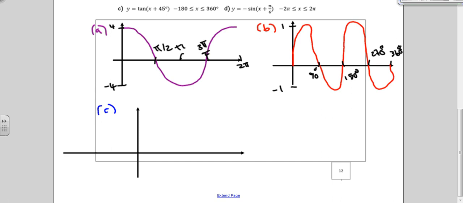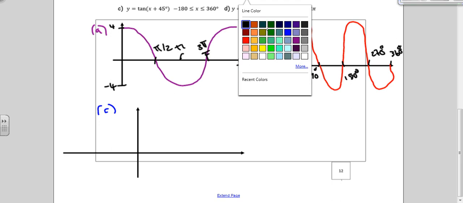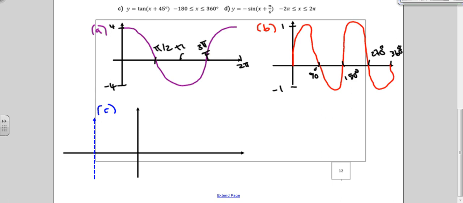The important thing with tan is where the asymptotes go. So now, because we have moved the graph, the asymptote that's at -90 degrees will now be at -135 degrees.